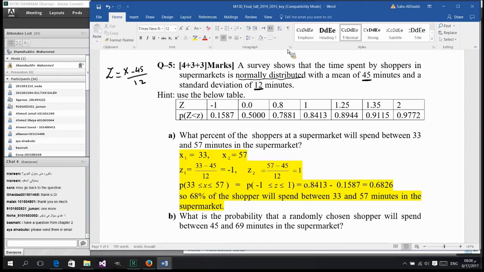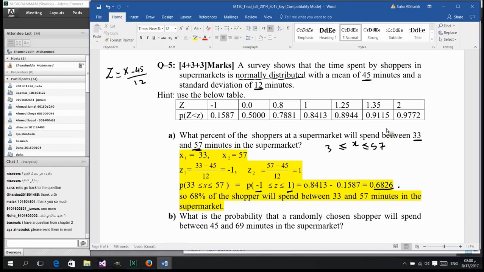Now they are asking the question, what percentage will spend between 33 and 57. So I'm talking about x between 33 and 57. Change it to z using your formula, get it from the table and substitute.